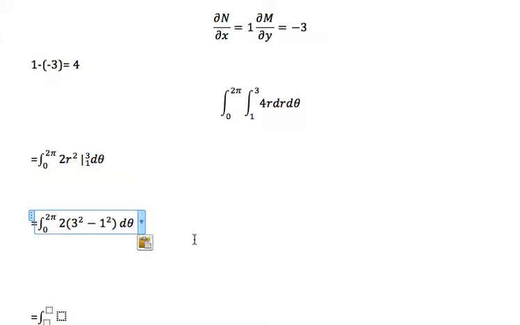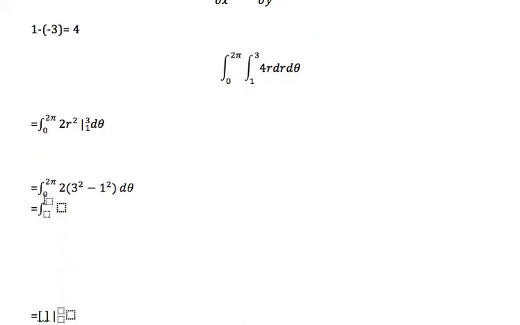And we're going to plug in all the numbers. So 3 squared is 9 minus 1 squared, so 9 minus 1 is going to be 8. So we are going to ultimately have from 0 to 2 pi of 2 times 8, which is 16.